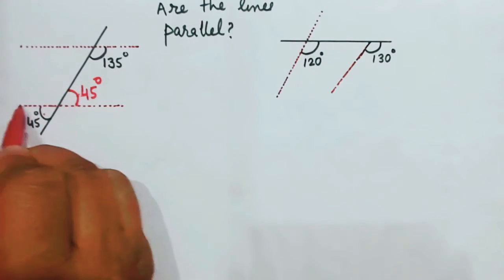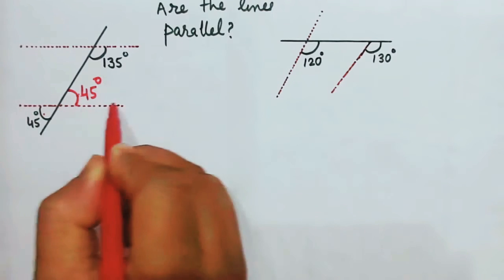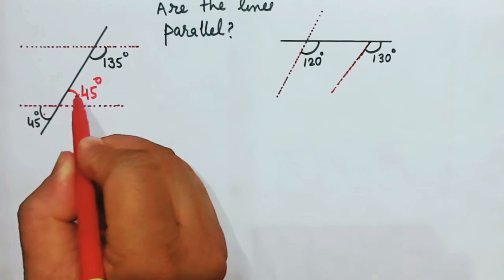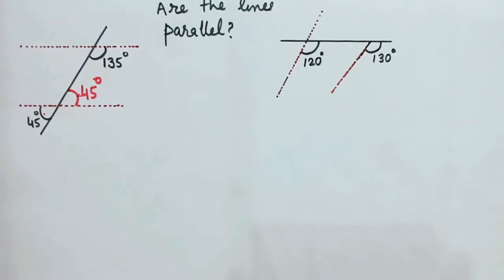These two are line segments cutting each other. Therefore, the vertically opposite angles are equal.